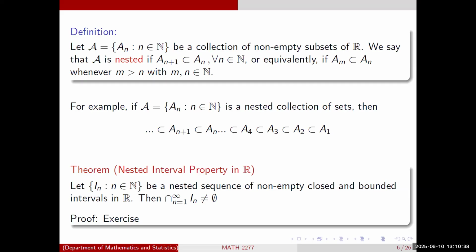This condition of being closed and bounded, we will come back to at the end of this section. Together, this is a fancy way of saying these sets are what we call compact sets. We'll see later in this chapter that closed and bounded sets in the real numbers are compact sets.